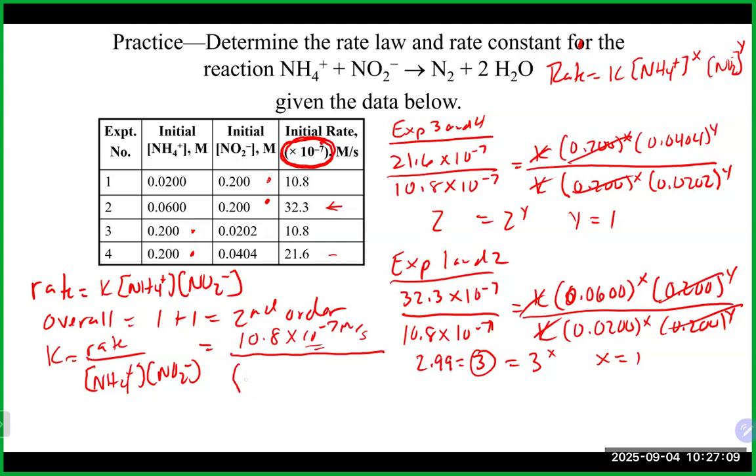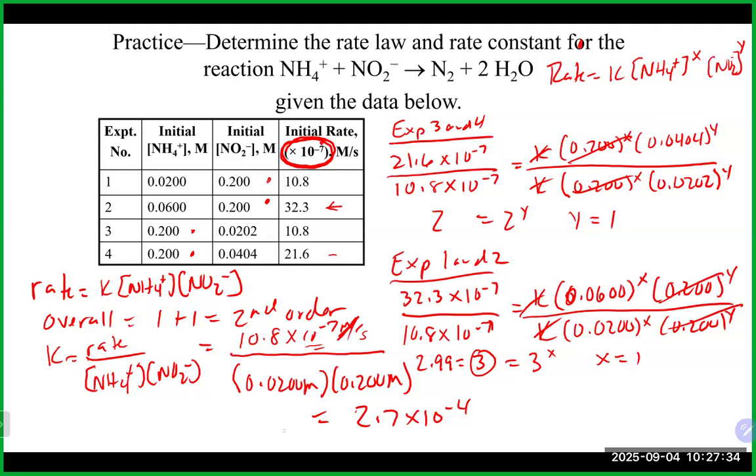And down here, we're going to go 0.02 molar and 0.2 molar. If we do that, 10.8 times 10 to the minus 7 divided by 0.02 and divided by 0.2, that's going to get us something with too many zeros to count right now, but we'll go 2.7 times 10 to the minus 4.